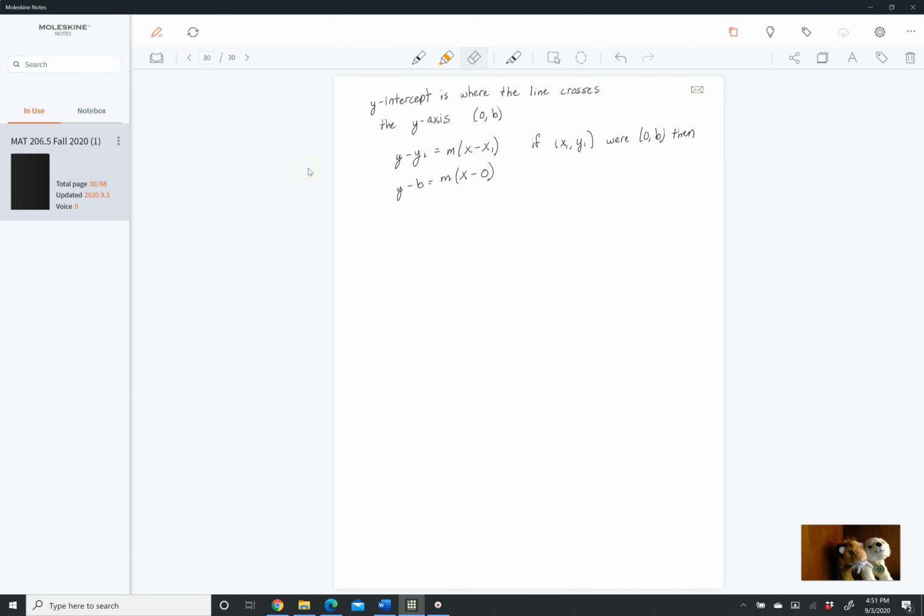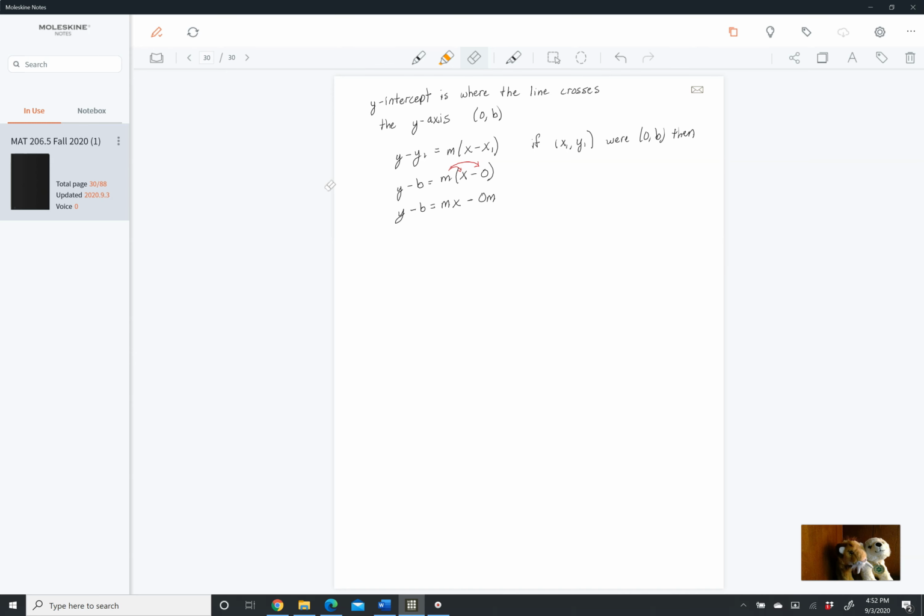Okay, let's simplify this equation though. In order to simplify, we can distribute the m. And we get y minus b is equal to m times x minus 0m, right?